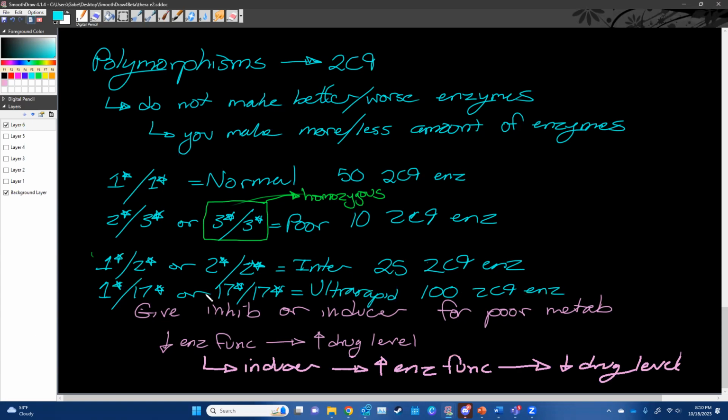Who is going to be a faster metabolizer? Someone homozygous for 17-star or someone heterozygous for 17-star? Homo. If you are homozygous for something, you are more that character. So if you're homozygous for 17, you are ultra rapid. If you're heterozygous, you're probably just regular rapid.